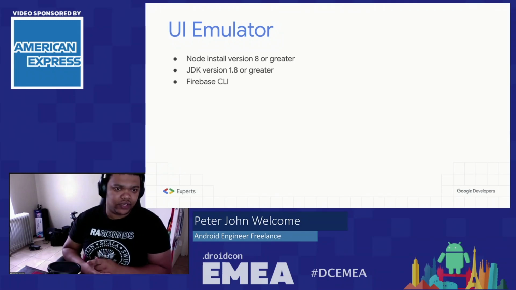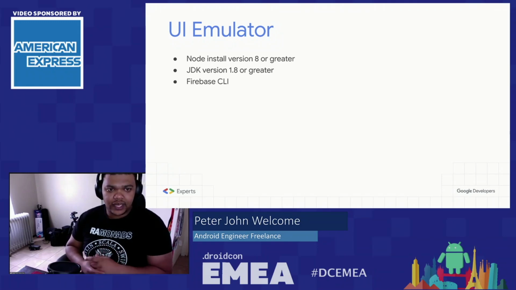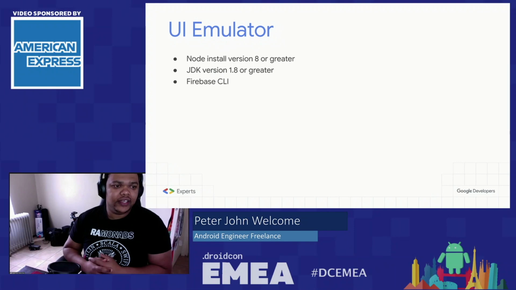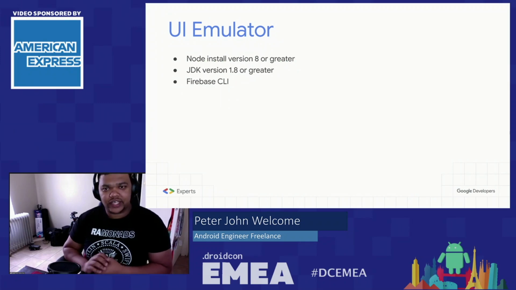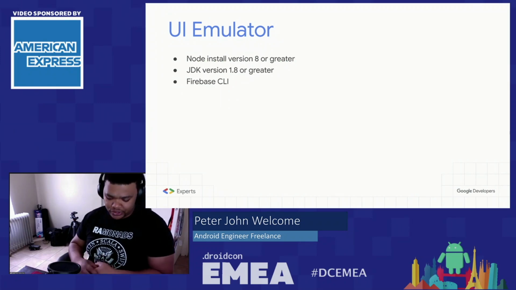So if you just download Node, you should be fine. You need the JDK 1.8. To be honest, I'm not really sure why, but somewhere in there must be some JVM or some Java code running. So you need JDK version 1.8 or greater in order to run the UI emulator. And then you need the Firebase CLI installed, because this is how you're actually going to install the emulator on your machine.